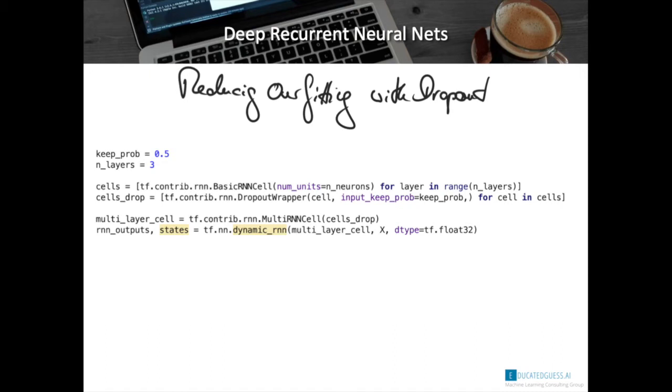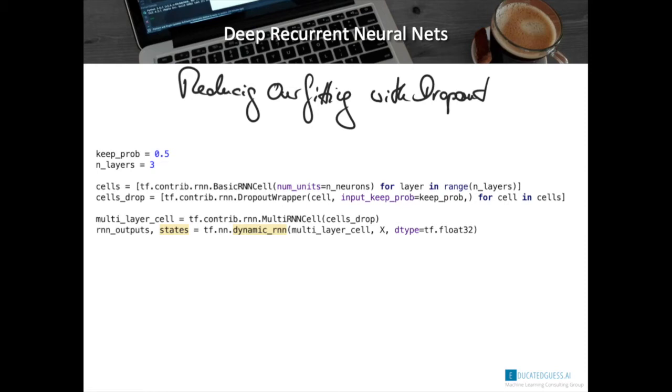So let's look at an implementation to make use of dropout. First we define the probability of how likely individual elements of a network should be disabled, deactivated.